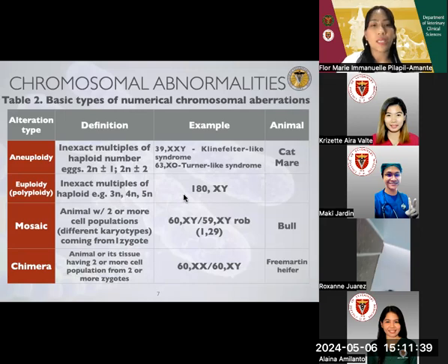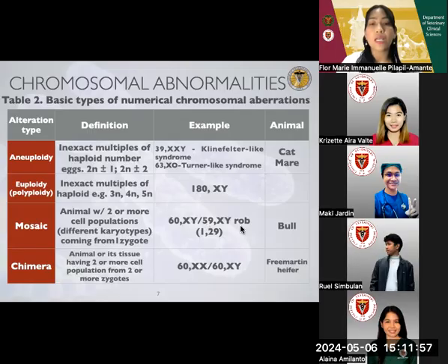So from 178. And an example of the mosaic is translocation. So we have this either as a normal 60 or a 59, which means that one chromosome has been removed, a Robertsonian translocation in the loci 1,29.